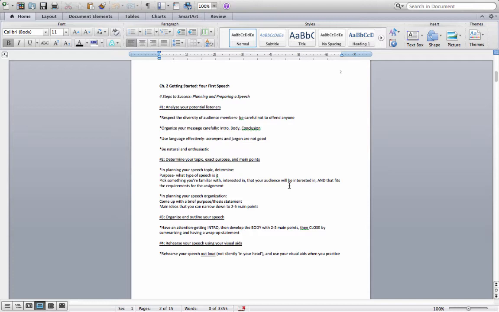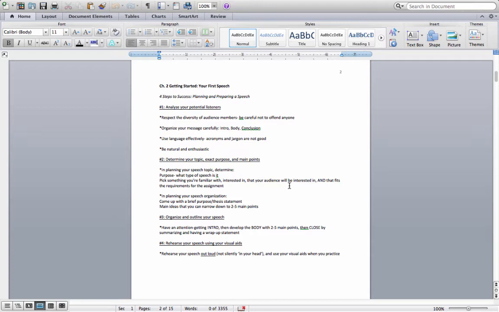And then every time after that, you can use the acronym. As far as jargon goes, it's normally not acceptable. If you want to use a tiny bit or it's very important to your speech, be sure to explain what it means to the audience so they can follow you. You also need to be natural and enthusiastic when talking with your listeners.